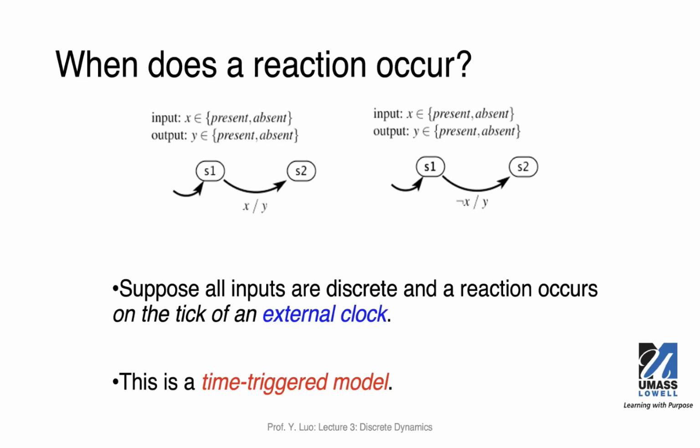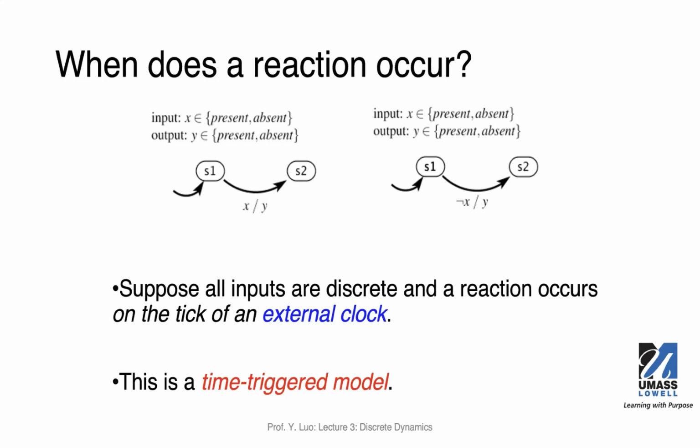But in terms of the implementation part, which I will talk more about later, you could have different ways to implement this time-triggered model. You can use timer interrupts. We have not talked about interrupts at this point, so you don't have to use them.